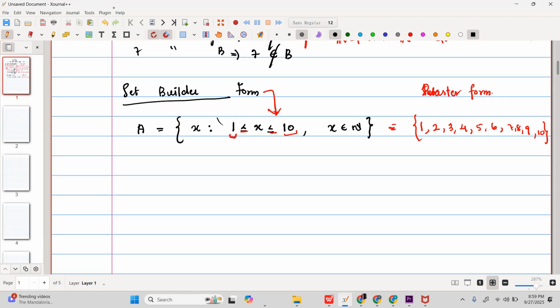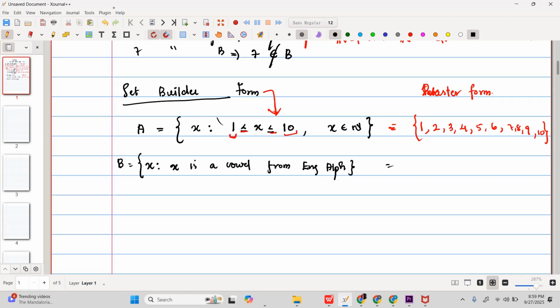Now if I am taking another set, B, again in general form, we have to select it as the collection of all x such that, and we have to specify the characteristic of x. If I am selecting x as a vowel from the English alphabet, then how can we express it?